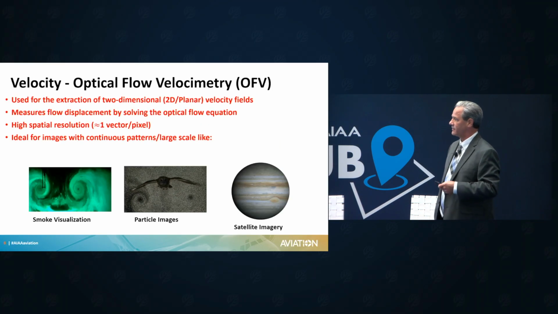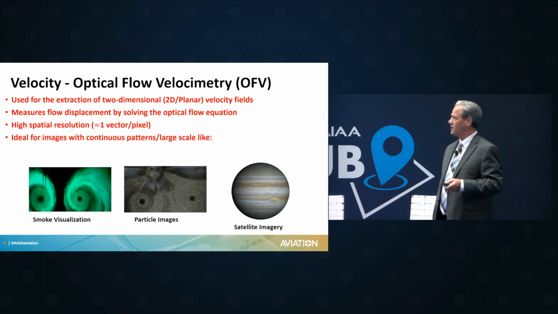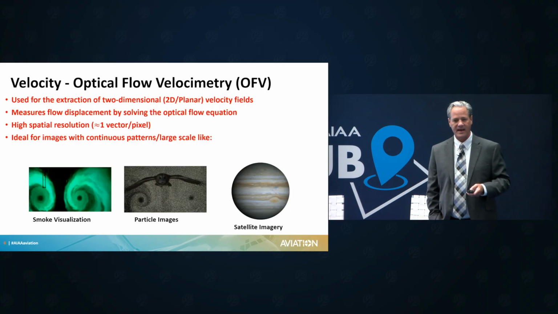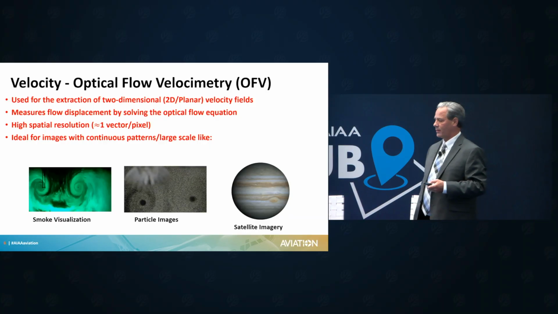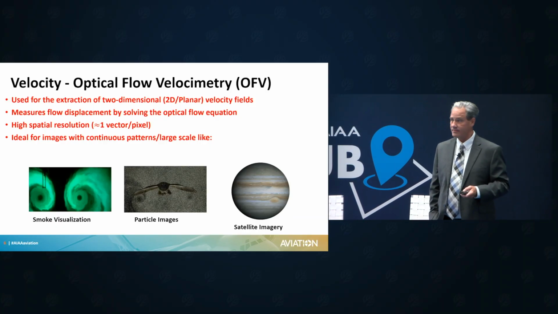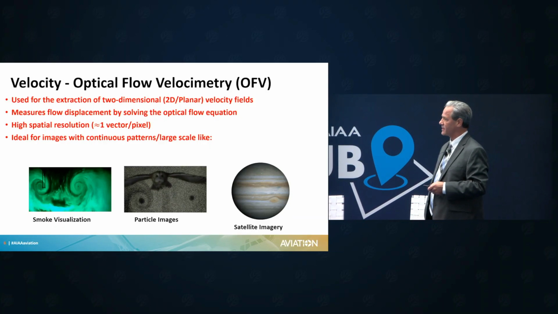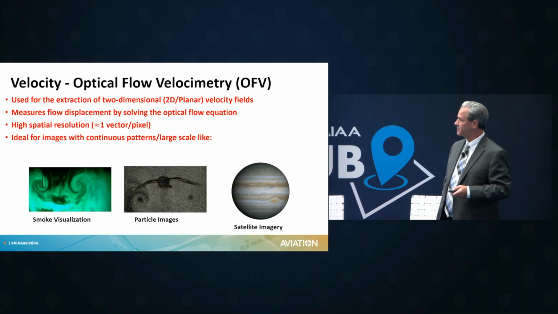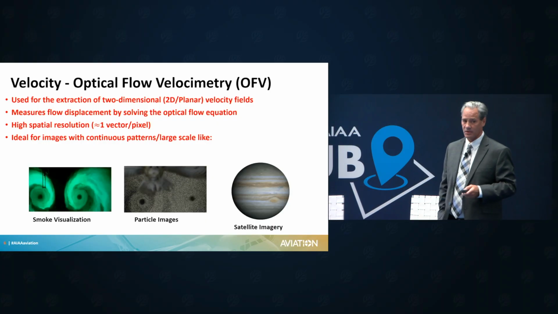Then velocity: optical flow velocimetry, which a lot of people typically associate with PIV. We've developed what we call the optical flow method. It's used for the extraction of 2D velocity fields and measures the flow displacement by solving the optical flow equation.